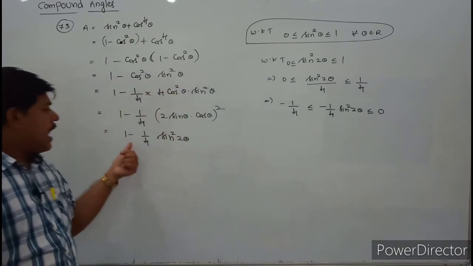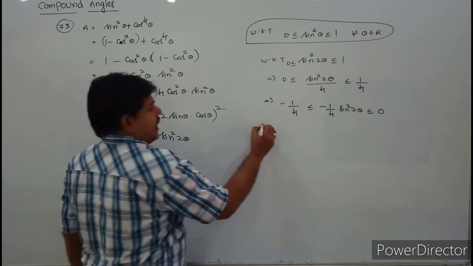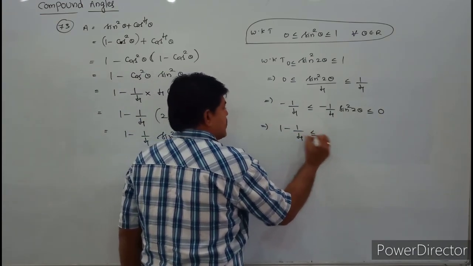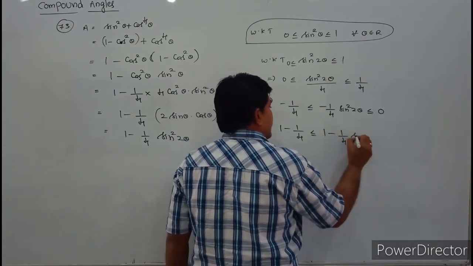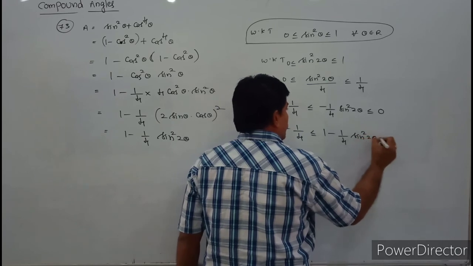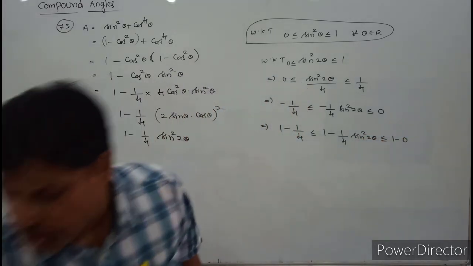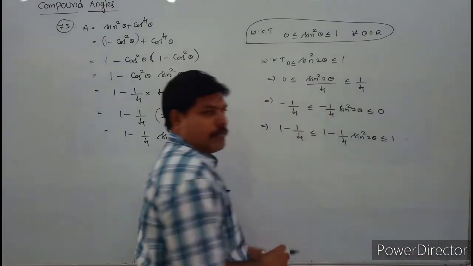Okay. So next, I am going to add 1 to all the terms. So what happens? That implies 1 minus 1 by 4 is less than or equal to 1 minus 1 by 4 sin square 2 theta is less than or equal to 0 plus 1, that is nothing but 1.